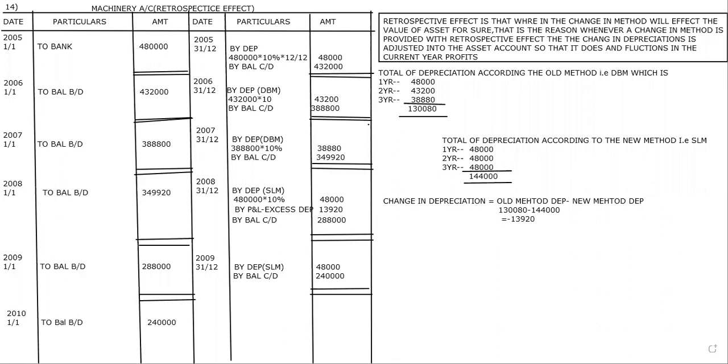On July 1st, 2004, it purchased another machinery, and on 1st July 2005, it sold off the first machine for 28,000 and bought another machine for 25,000. On 1st July 2006, the second machine was also sold off for 2,000. Depreciation was provided on machinery at 10% per annum on original cost annually on 31st December. In 2004, however, the company changed the method of providing depreciation and adopted the written down value method with a rate of depreciation of 15% per annum. Prepare the machinery account for the 4 years commencing from acquisition of the first machine.